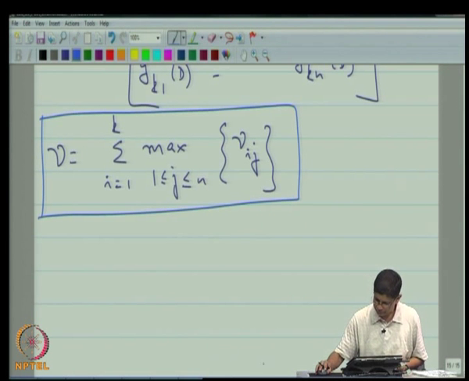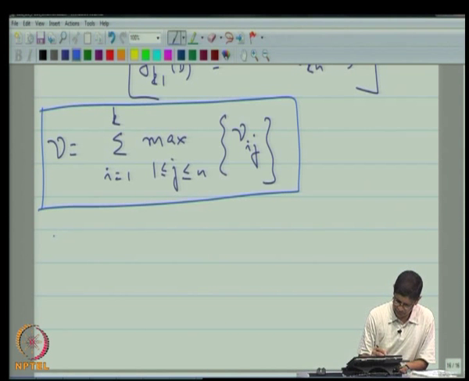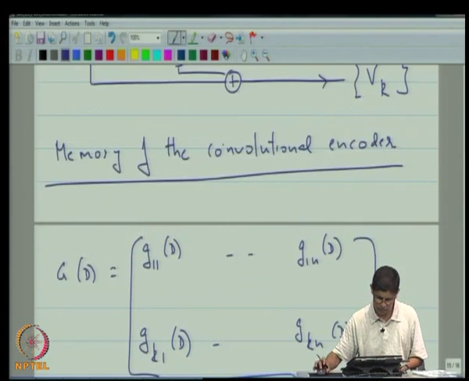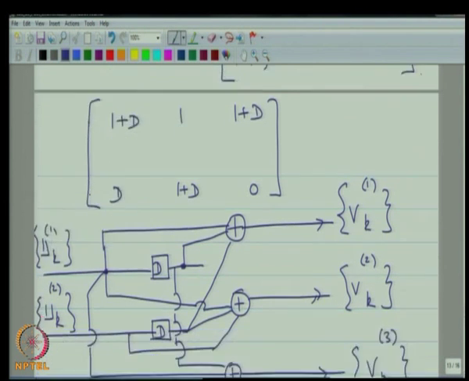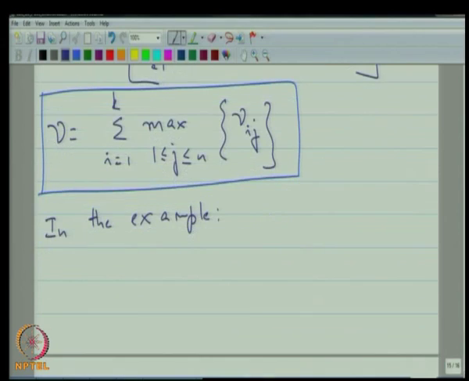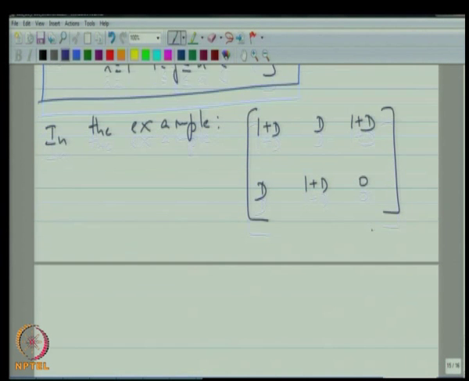In our example, here is our example. We had 1 plus D, 1, 1 plus D, and then D, 1 plus D, 0.